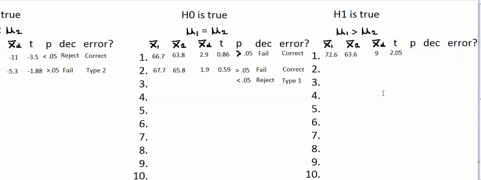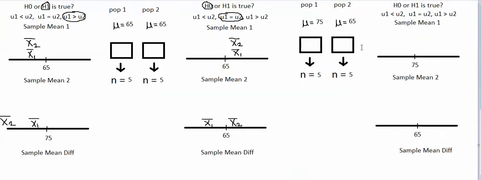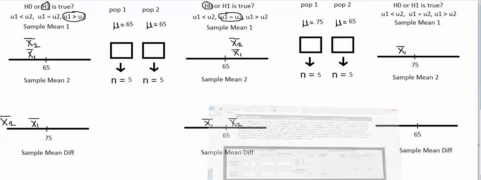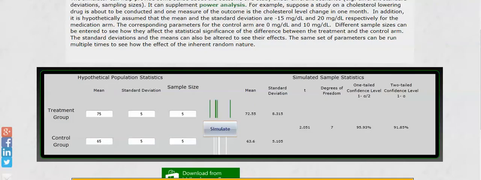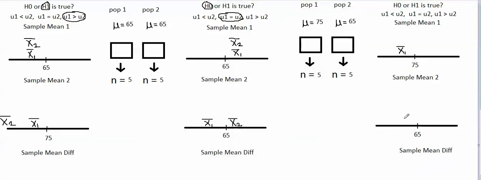Now we need to plot our outcomes here. So the first sample mean was 72.6. That's x bar 1. The second sample mean was 63.6. That's a little bit lower, so it's down here. It's still x bar 2.